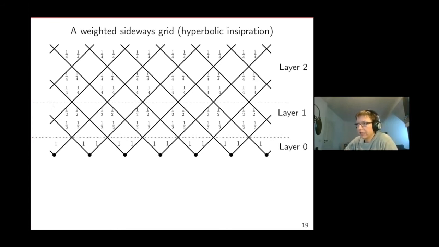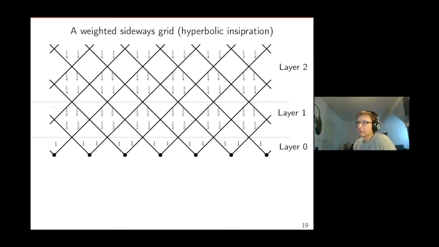And the edges neighboring the bottom vertices will have weight 1. And then the edges in the next 2 levels will have weight 1/2. The edges in the next 4 levels will have weight 1/4, and so on. You can imagine I do this to infinity. So basically, you can create these layers of exponentially increasing size where the edges have the same weight.